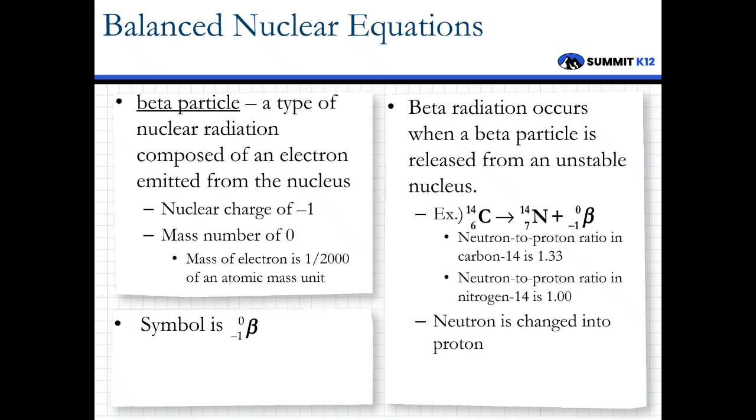Since the carbon and nitrogen are small atoms, it makes sense that carbon-14 with a neutron to proton ratio greater than 1 would decay to a product with a ratio of 1. So atoms like to hang out in a ratio of 1. So anytime we have an atom that's sitting at a neutron to proton ratio that is slightly above 1, like 1.3, it's going to most likely decay down to an element that is 1.